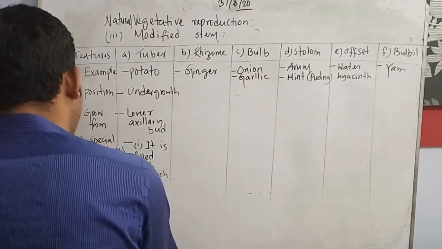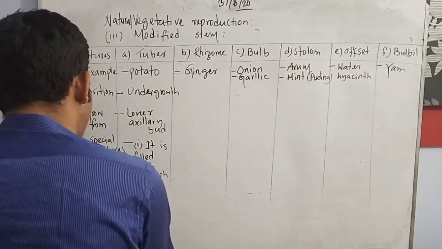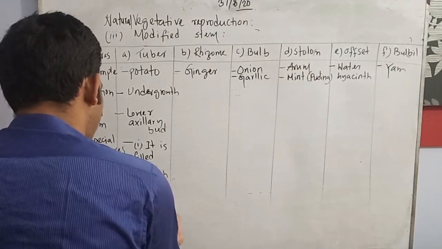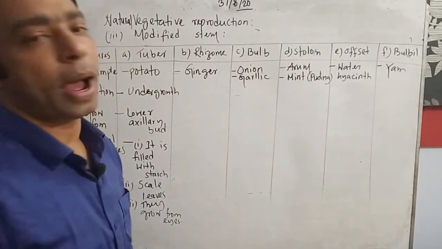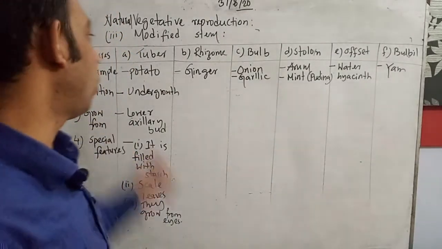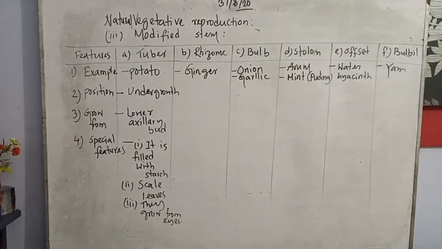They grow from eyes. So in this way you will try to understand this. Hopefully it will regulate your understanding. Example, potato: position undergrowth, grows from lower axillary bud. Special features: it is filled with starch, scaly leaves. We have seen they grow from eyes.